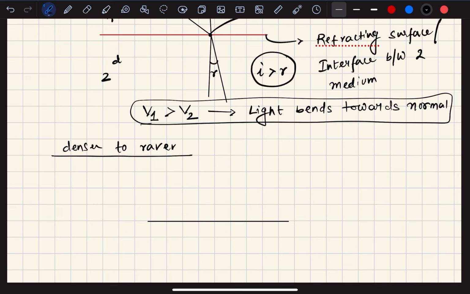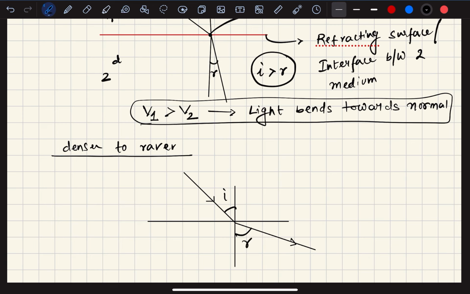Okay. So this is the light that is coming. Here is my normal. This is my angle of incidence. Then where will be my refracted ray? My refracted ray is going away from the normal.